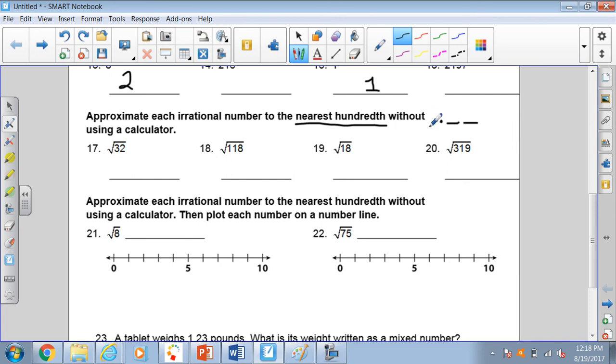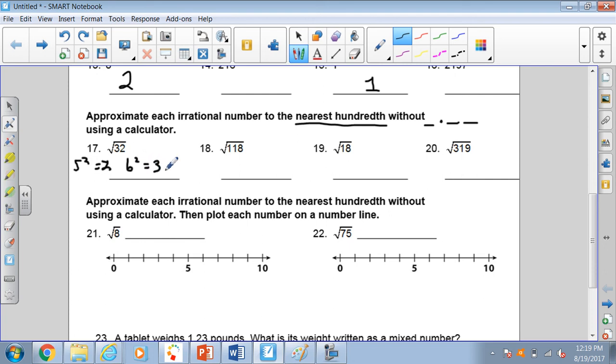So it's not going to be enough just to find the closest integer. I could say, well, I know 25, okay, it's 5 times 5. I could also say that I know 36, because 6 times 6 equals 36.